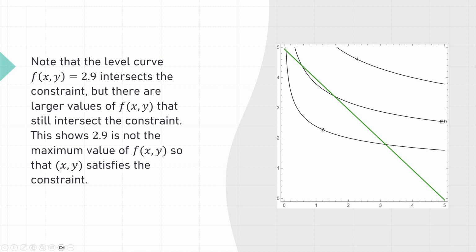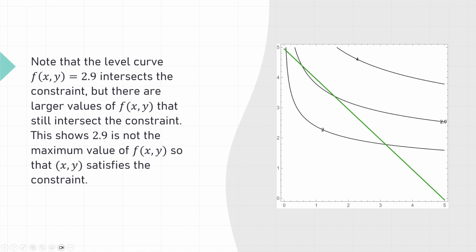Now notice if I draw the level curve where f of xy equals 2.9, that level curve hits the constraint here and here. That means there are 2 values in the xy plane where I'll be on the constraint and my function value will be 2.9.